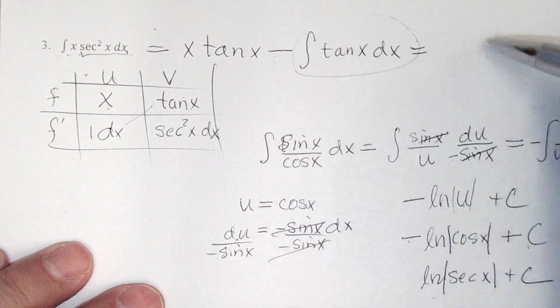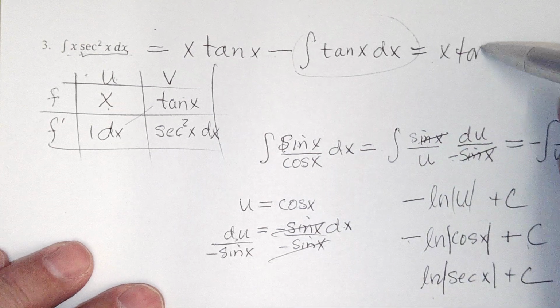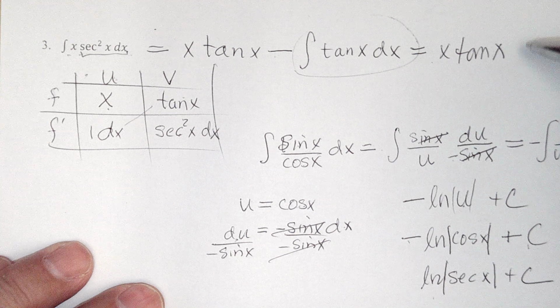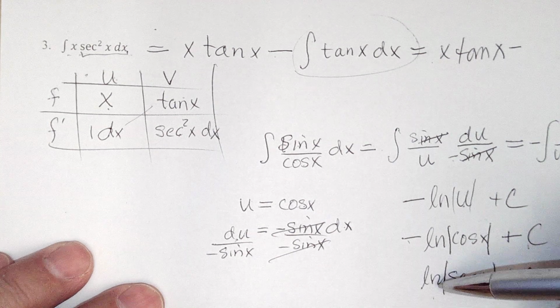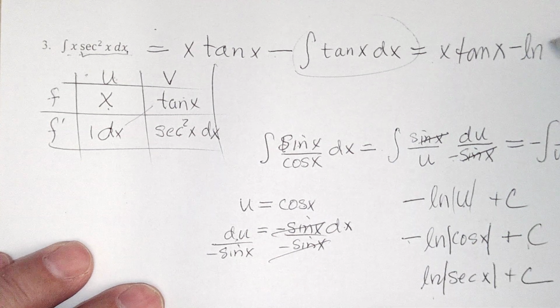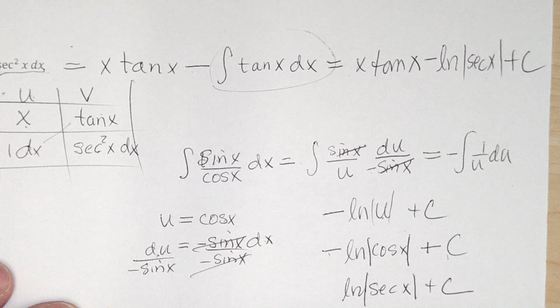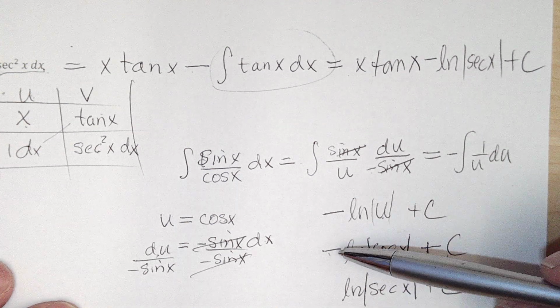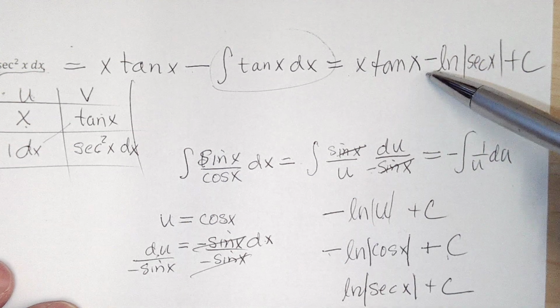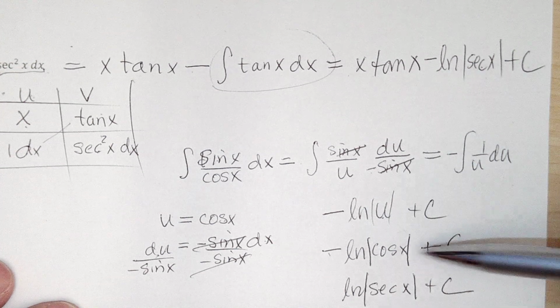So this would become x tangent x minus ln secant x plus c. Or you could do minus a minus and make it plus ln cosine x plus c and use that one.